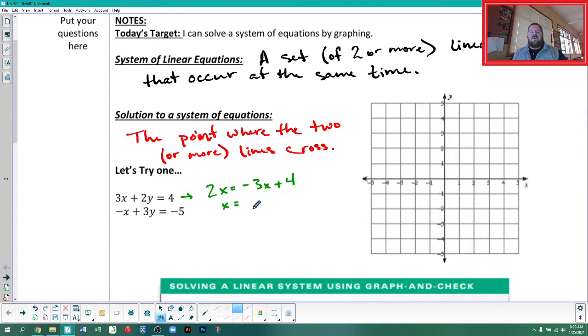Putting it in slope-intercept form will be a little bit easier. So I'm going to graph this one. It starts at 2, and it has a slope of negative 3 over 2. I'll just do that a couple times. I can even go the other way.